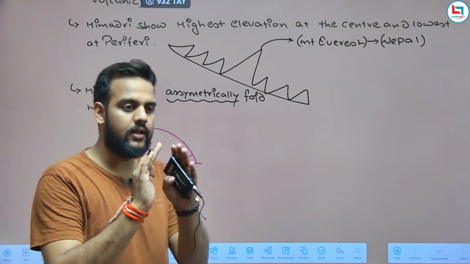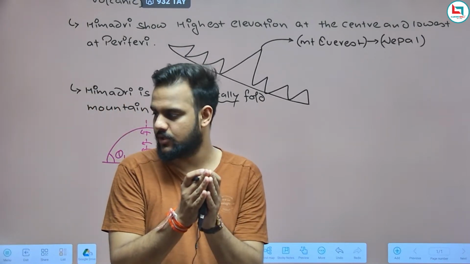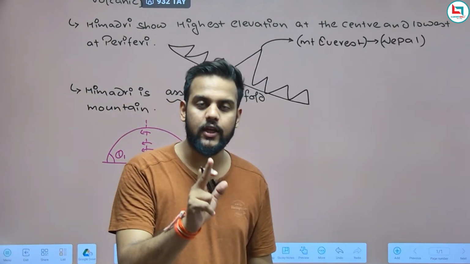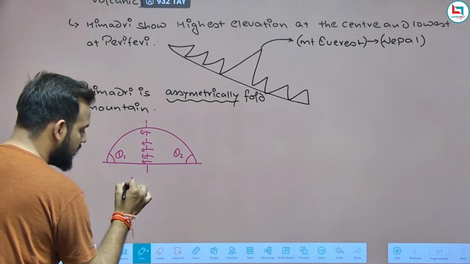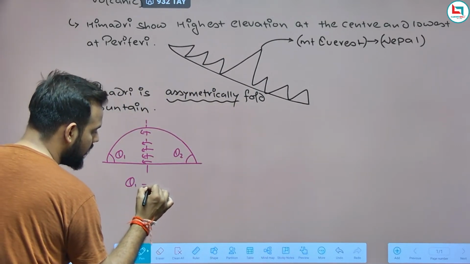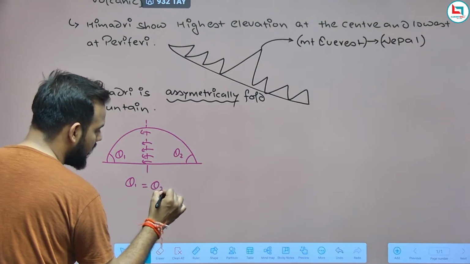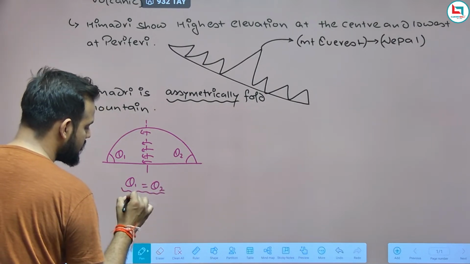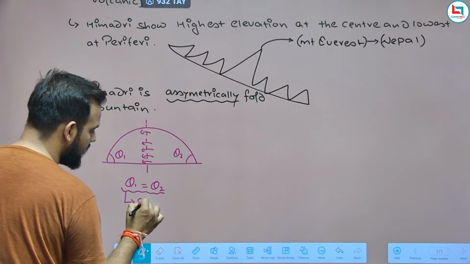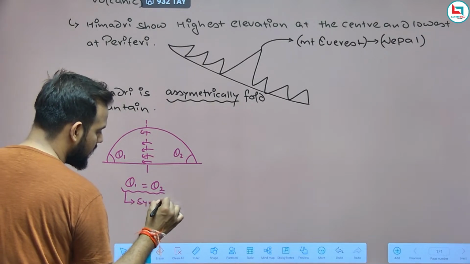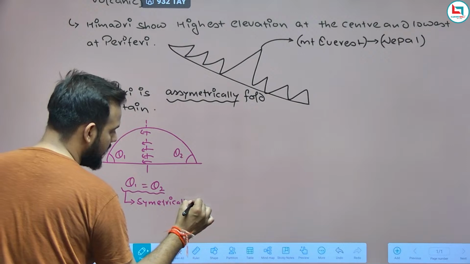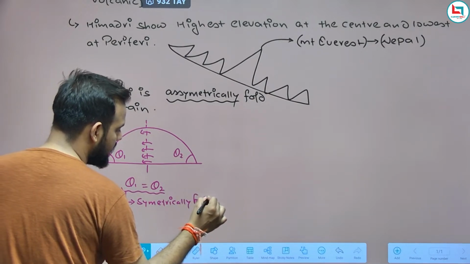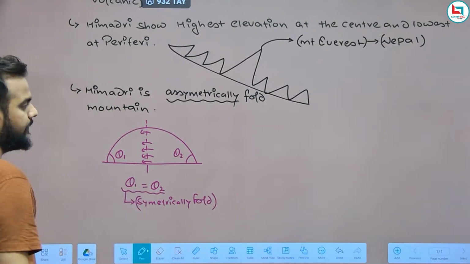Okay, they will overlap with each other. So this fold is known as symmetrical fold because theta 1 is equal to theta 2. Symmetrical fold.